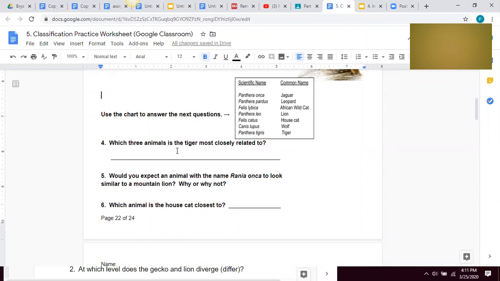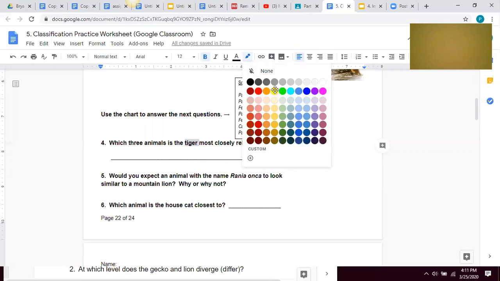Okay, so which 3 animals is the tiger most closely related to? So what I want you to see here is if they have the same genus name, just like we learned on station 1, if they have the same genus name, then they are more closely related. So the tiger, right?